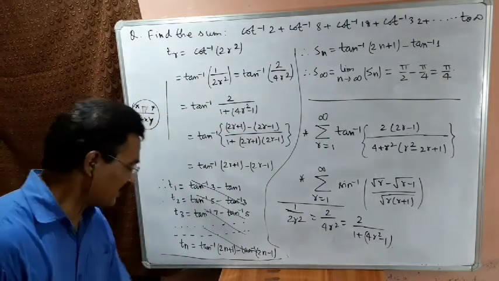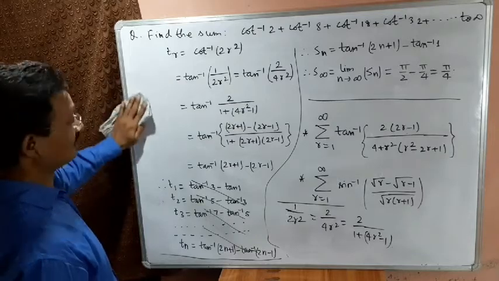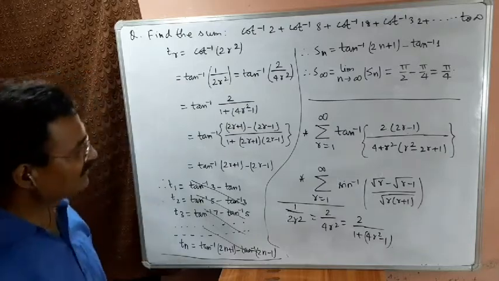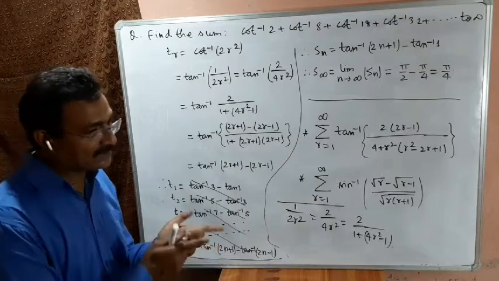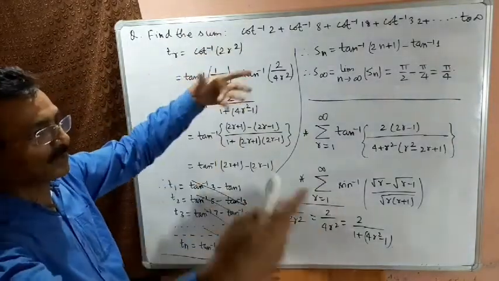The main thing I want you to understand is that for every series like this, we will convert it into tan inverse, whether the given series is in cot inverse, sin inverse or cos inverse.